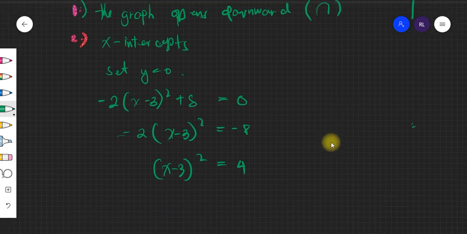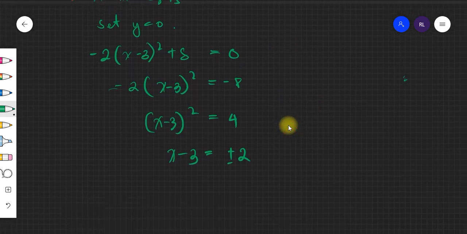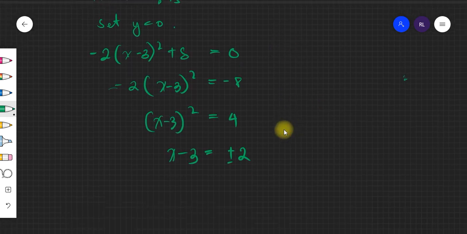Extracting the square root of both sides, we have x minus 3 equals plus or minus 2. Therefore, x would be plus 2 plus 3, 5, or minus 2 plus 3, 1. So 5 or 1.